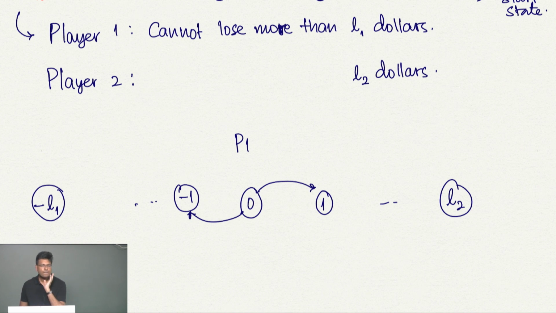What about reaching minus L1? If after minus L1 that round again you lose, then you lose, because it says player 1 cannot lose more than L1. Let's say there is one more state after L1, the losing state, and the winning state, after which there are no more arrows. Once they reach minus L1, they lose. You cannot lose L1 dollars, so greater than or equal to.